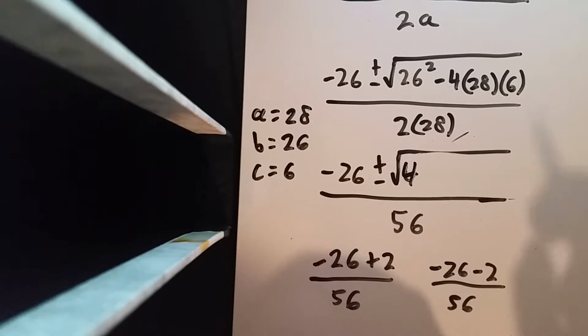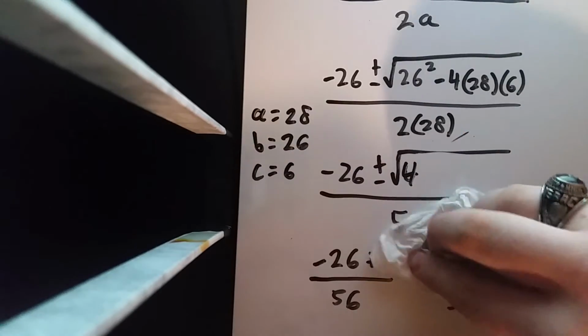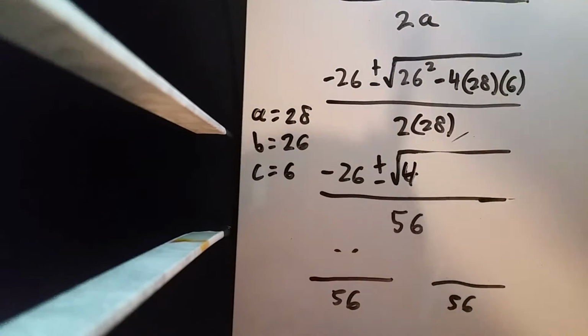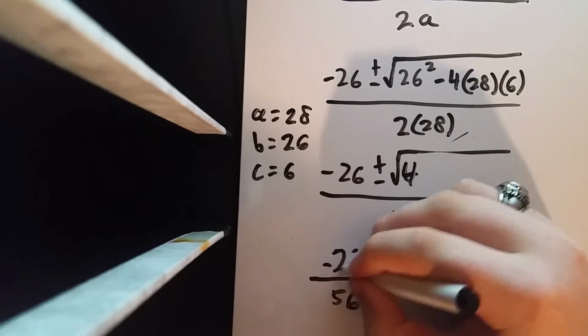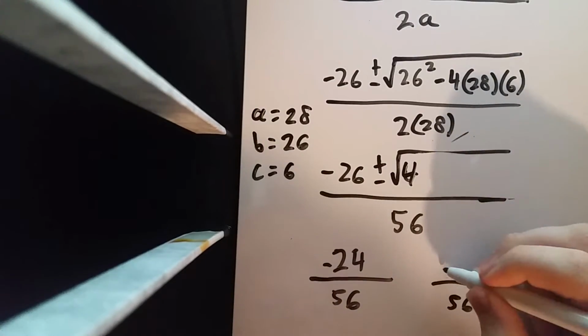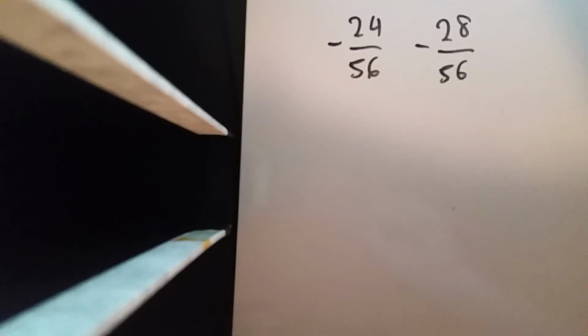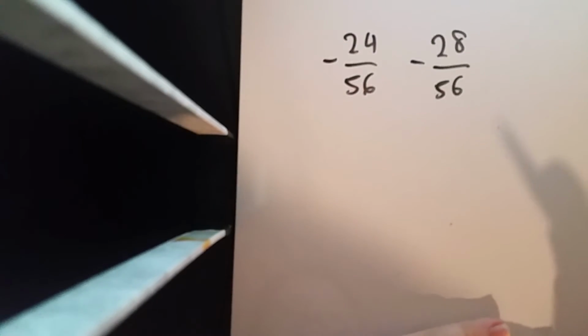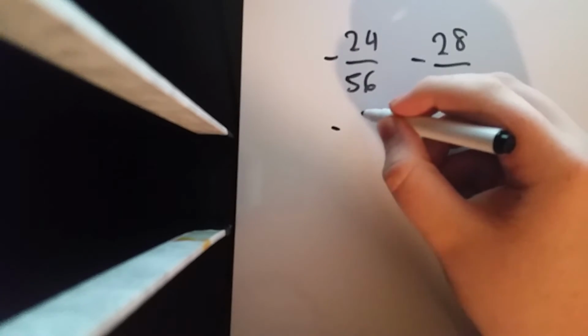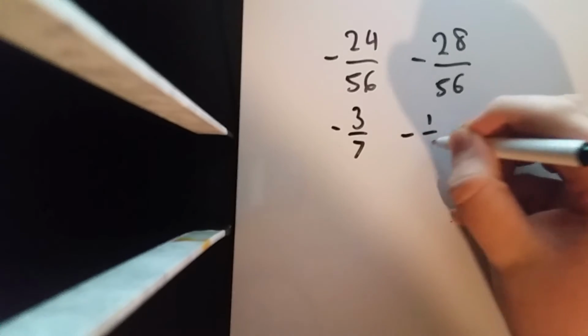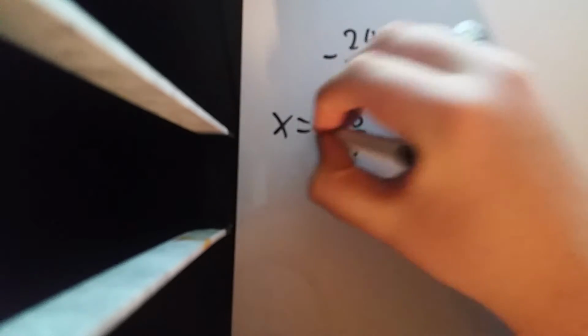And doing these, it's equal to negative 24 and negative 28. And when we simplify these numbers, they come out to be exactly negative 3/7 and negative 1/2. So these will show our answers. These are what x equals.